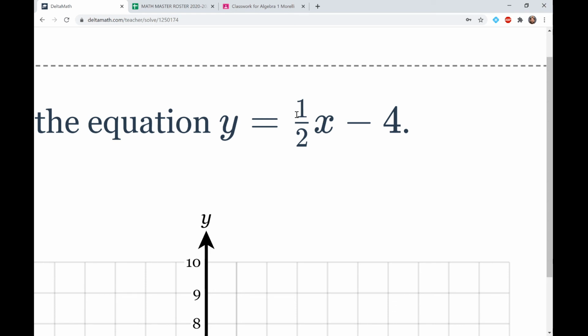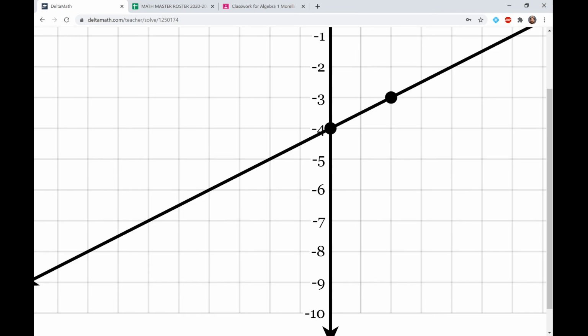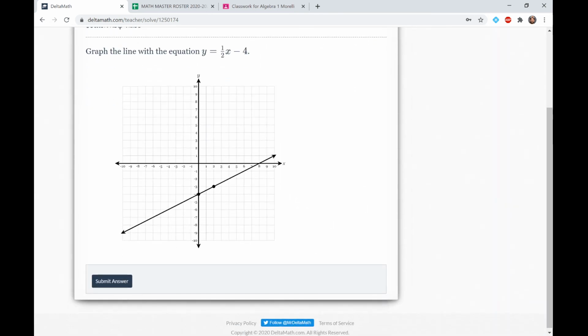It's positive, so that means rise 1, go up 1, over 2 from the y-intercept. Bingo. Up 1, over 2. Now I've graphed my line. There we go. Submit answer.